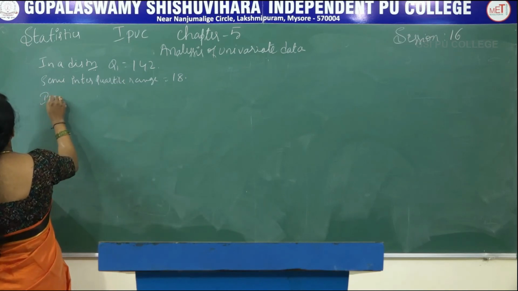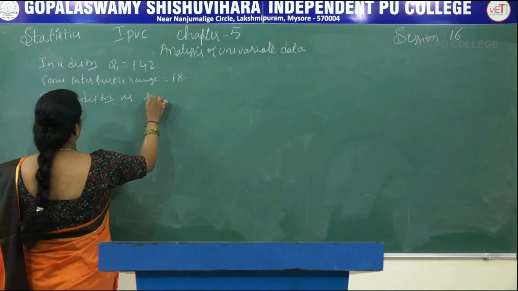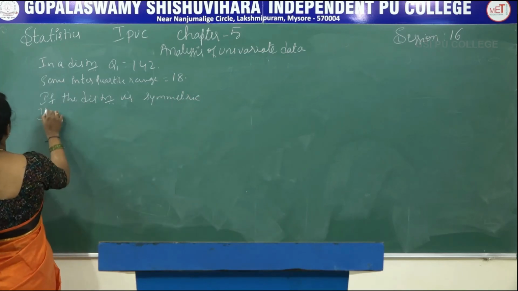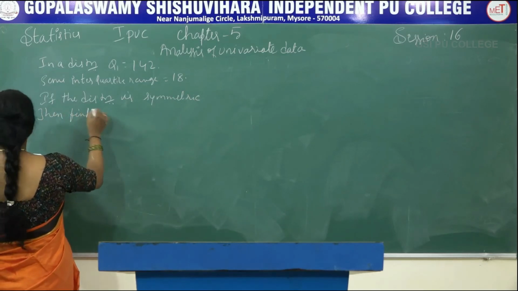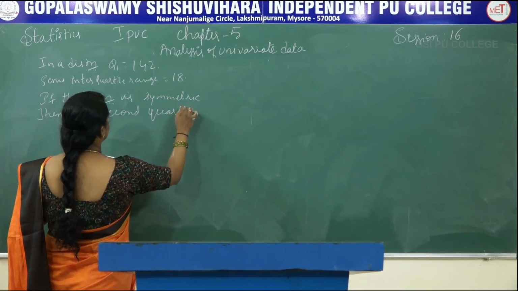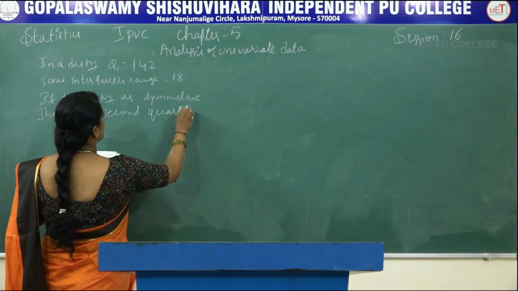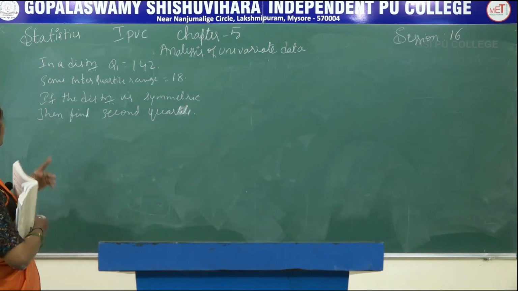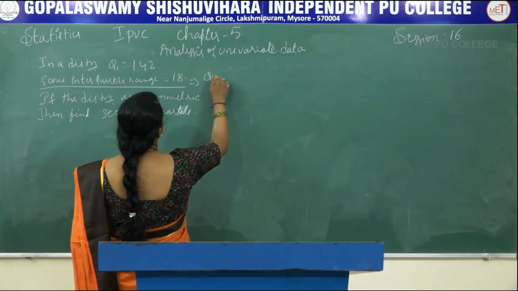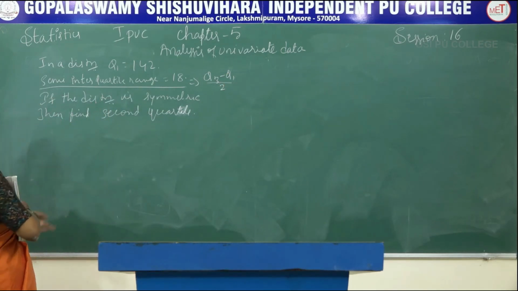If the distribution is symmetric, then find the second quartile. See, they have given Q1 value and the semi-interquartile range, that is QD, and the distribution is symmetric.